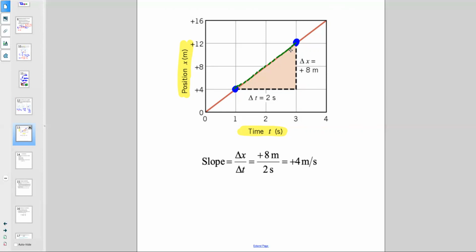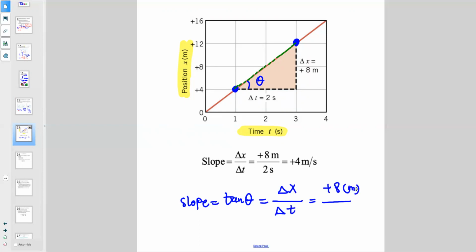So that's to our benefit, because now the slope is tangent of this angle, tan of theta. And tan of theta is rise over run, delta x over delta t, which is plus 8 meters. Oh, you know, we can get rid of the plus.